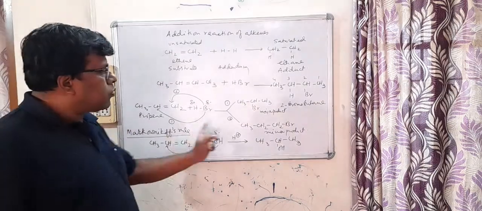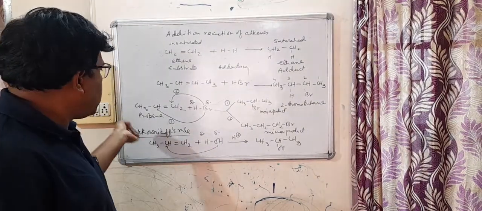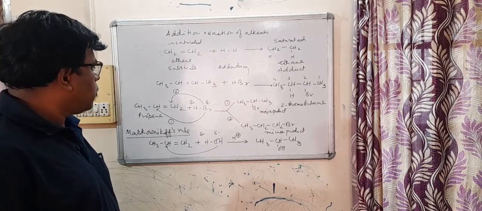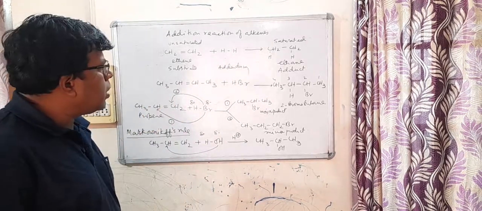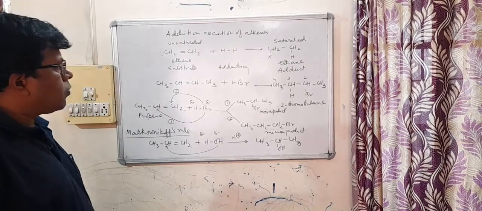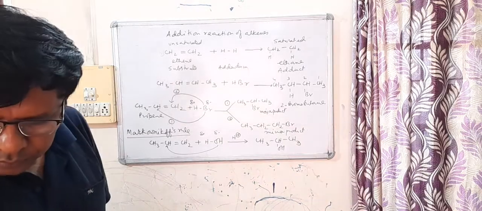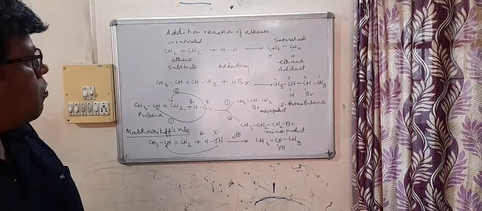Now we have to discuss why addition takes place in Markovnikov way. We have to explain. We can do so by a mechanism. So we are doing now the mechanism of Markovnikov addition.